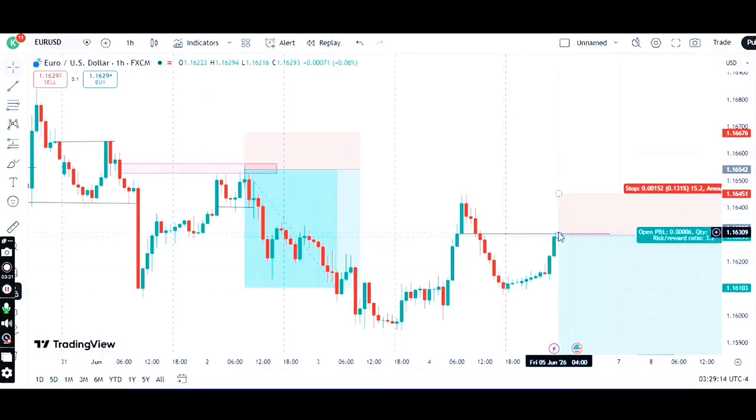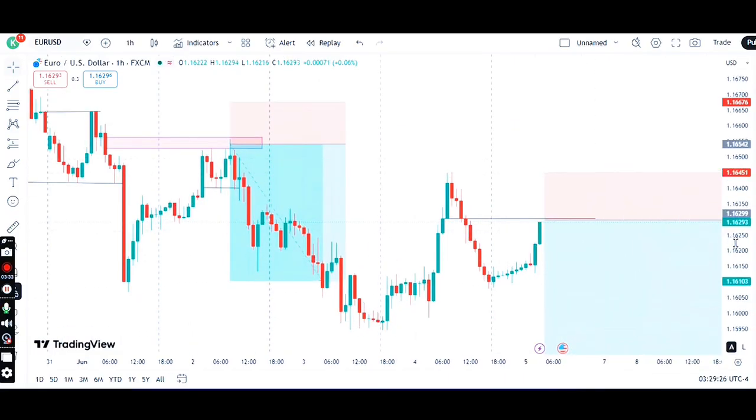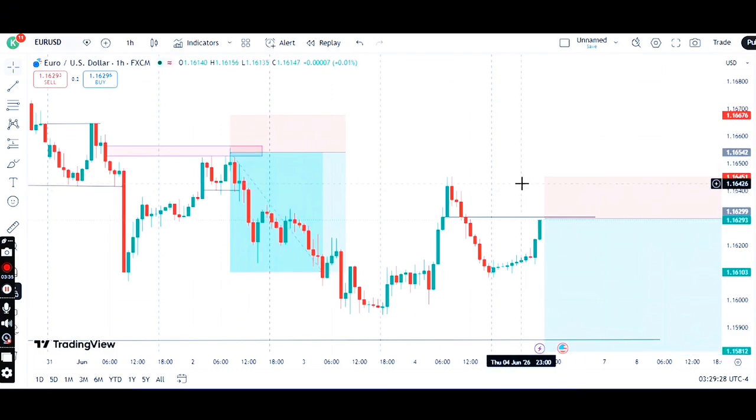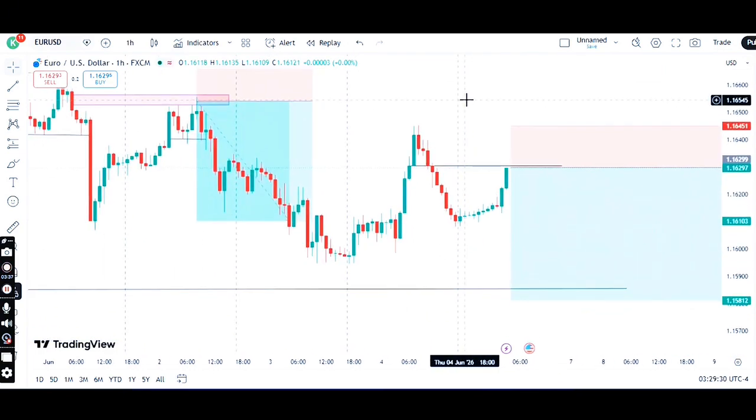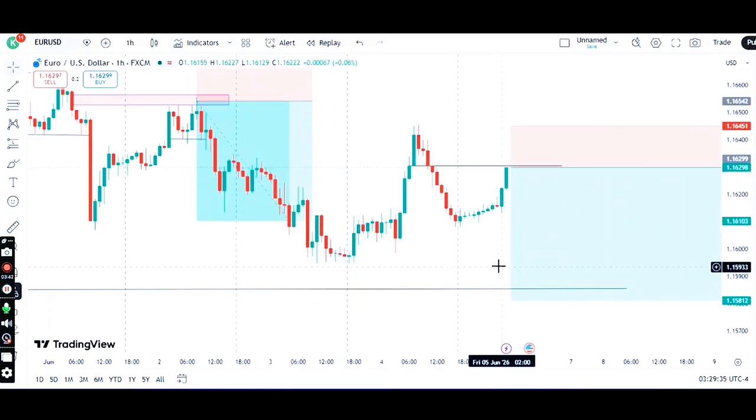If I see rejections, and if it happens within the time frame that I'm looking at for it to happen, I'm going to take it short, targeting to take out this point, targeting for the market to reach this particular point. But let's see how it goes. Today is Friday, and however it goes, I will show you. But this is how you can use order blocks to get opportunity in the market once you know the direction of the market as a day trader.